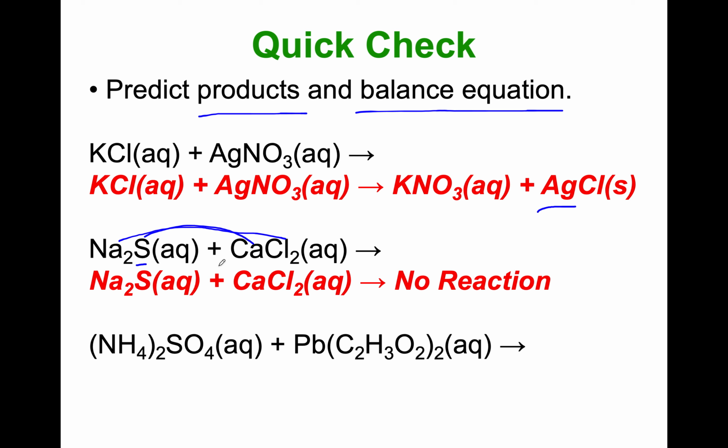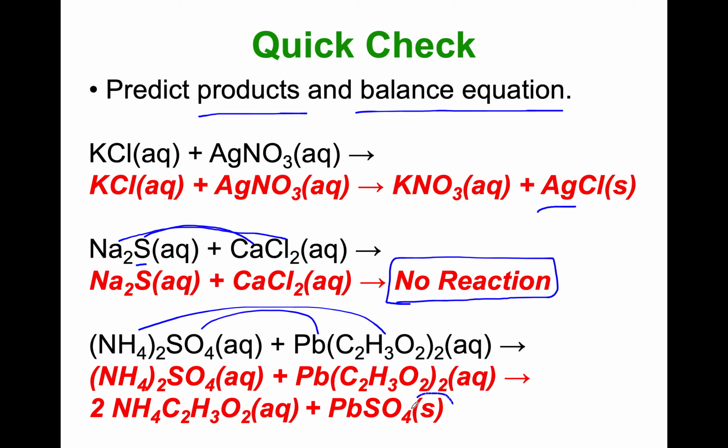However, calcium sulfide's an exception. It is soluble. That means no reaction. Both solubles, no reaction. Lead sulfate, ammonium acetate. Ammonium and acetate are both soluble. Lead is insoluble when it combines with sulfate, so that's why we have a solid here.